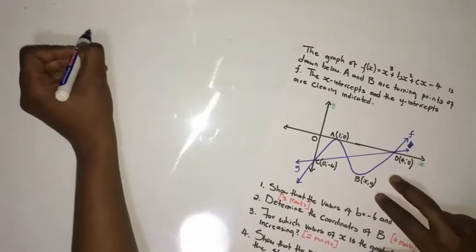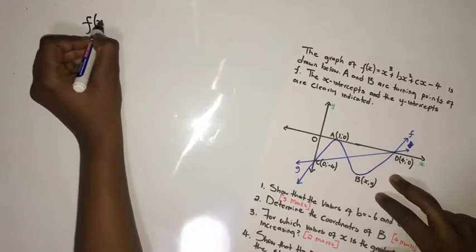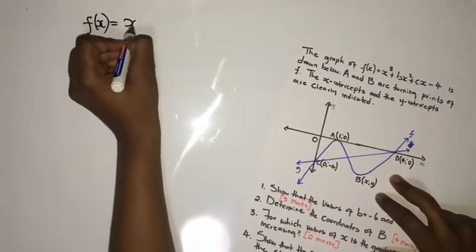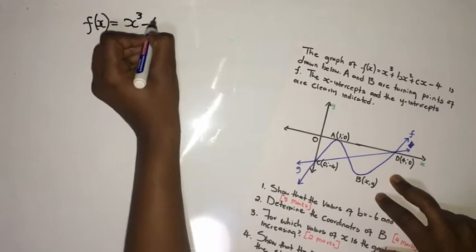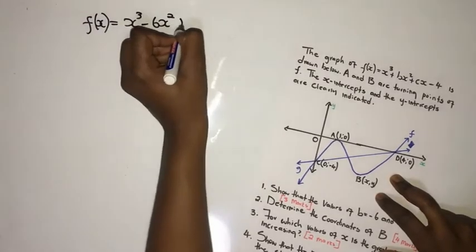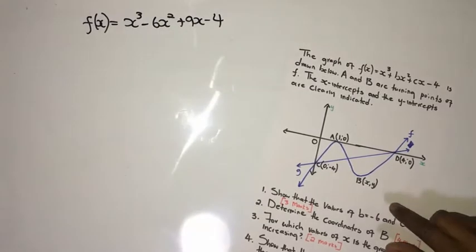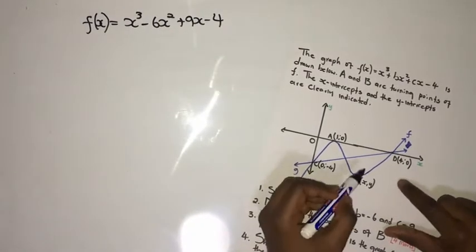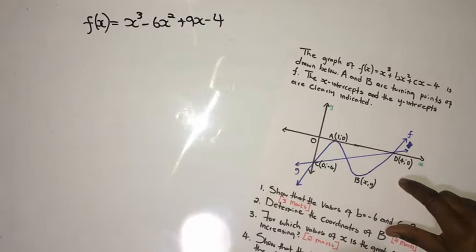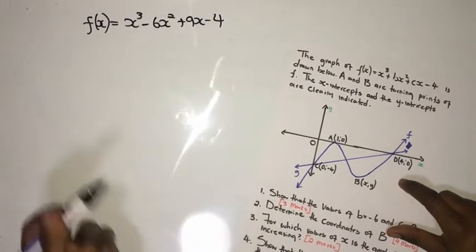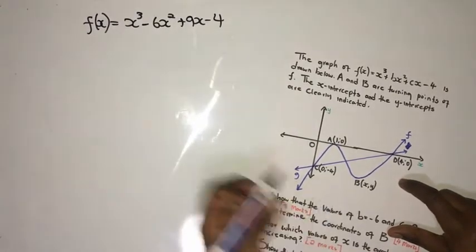Alright, so remember we have found out that our f of x is x cubed minus 6x squared plus 9x minus 4. If we want to find where the gradient is going to be 0, how do we do that? The first thing we need is the gradient function. How do we do that? We find the derivative.